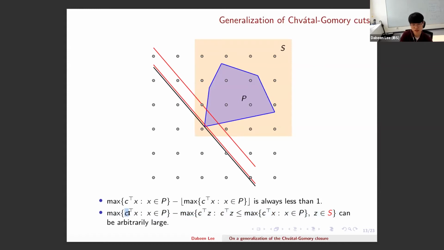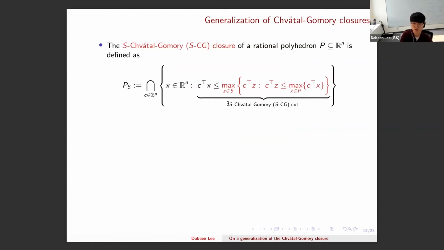So if you take a large coefficient vector, then this gap will be arbitrarily large. This is basically how we generalize CG cuts, given the information about the integer feasible solutions. We'll call it S-Chvátal-Gomory cut, or S-CG cut in short.